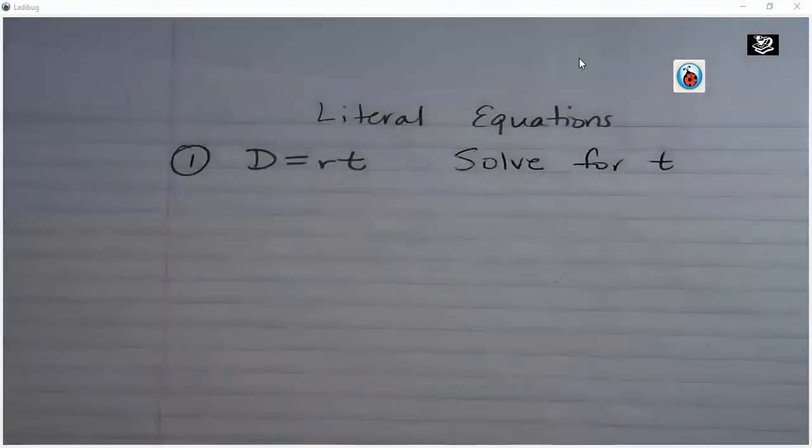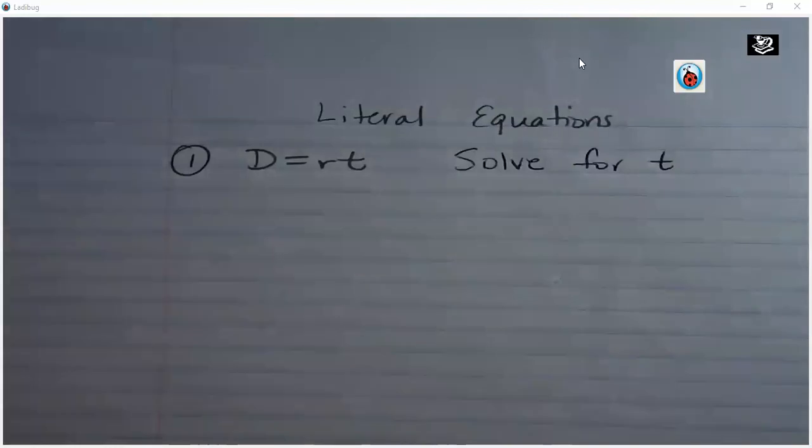You have to find the missing solution. Kind of. Anybody else? What do you think it means to solve for T? All right, it means to get T by itself.